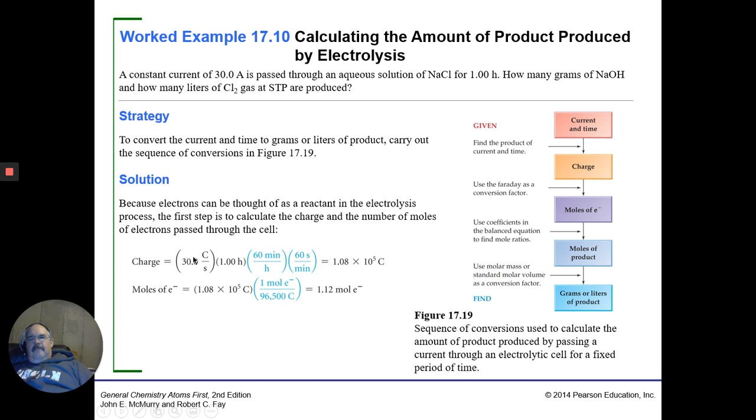Okay, so if we calculate our charge by taking the amps times the time, an amp is a coulomb per second, we get 1.08 times 10 to the 5th coulombs. Okay, if we take this many coulombs times Faraday's constant, that gives us the moles of electrons.